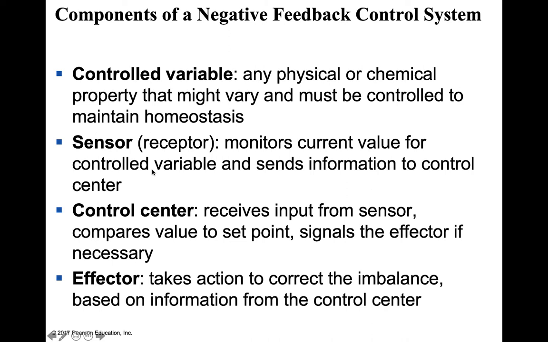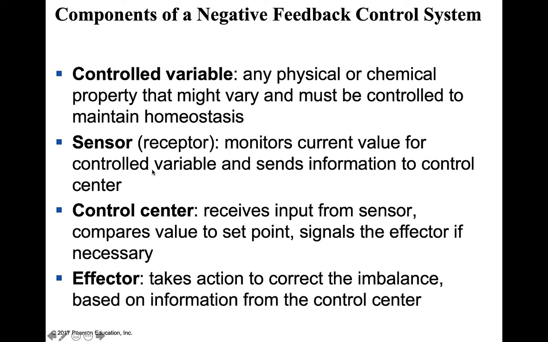Then there's the control center, which is connected to the sensor, and that's where the input is going. The input is picked up by the sensor and passed to the control center, and we can think of that as an integration center. Depending upon your programming, it's going to send output to the effector to make sure that the controlled variable is where it's supposed to be.